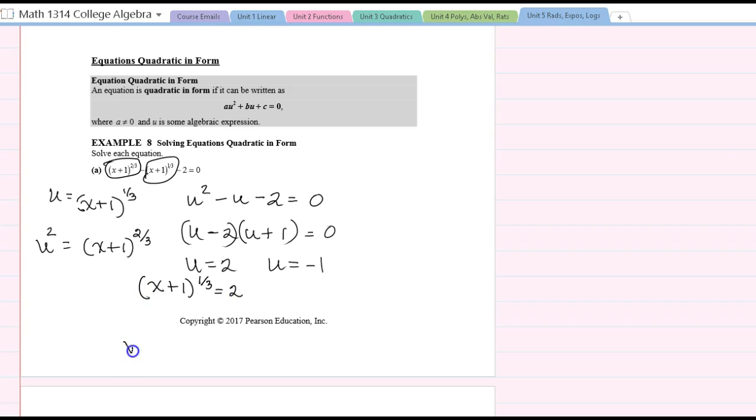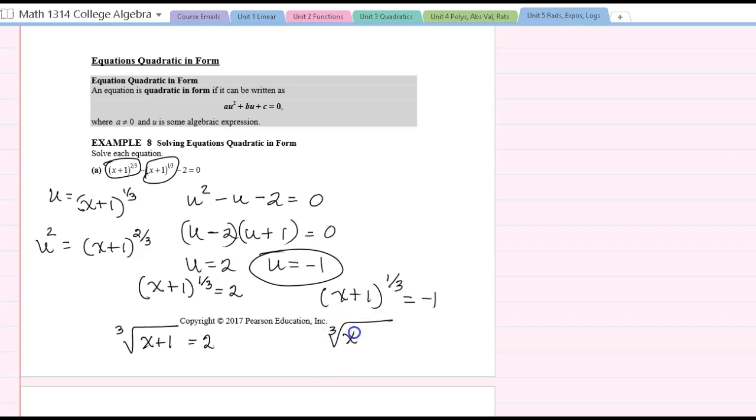And remember, that is the cube root of x plus 1 is equal to 2. So now you know how to solve this one since the radical is already isolated. And we would do the same thing for this guy right here. So we would have x plus 1 to the 1/3 is equal to negative 1. And then we have the cube root of x plus 1 is equal to negative 1.